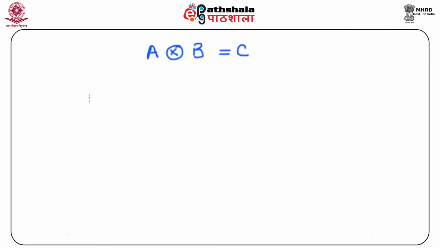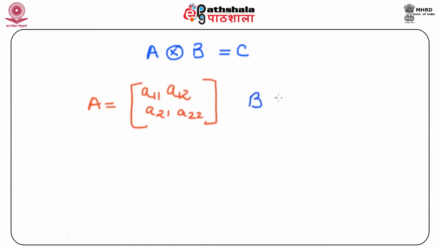Now let us try to understand this. Let us say the matrix A has two columns and two rows, and these are the elements. Similarly, let us say the matrix B is represented by this, and these are the elements, that is B11, B12, B21 and B22.